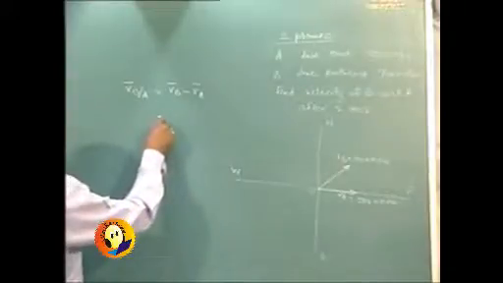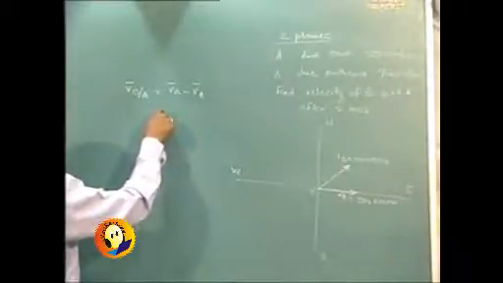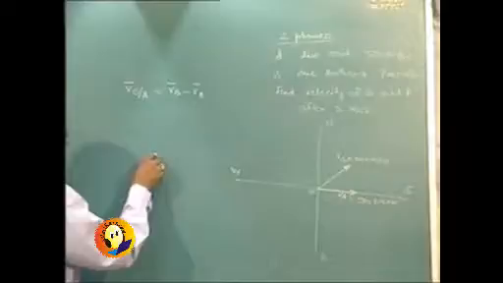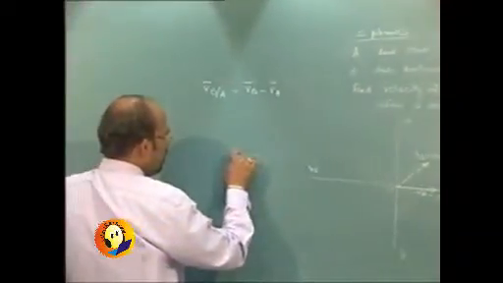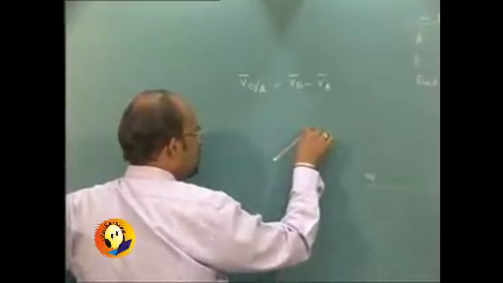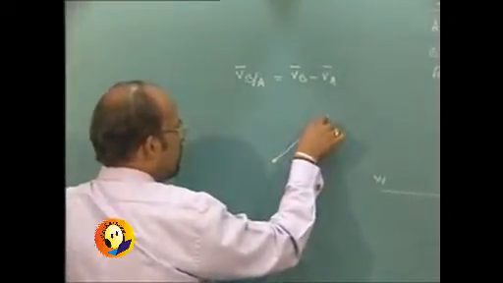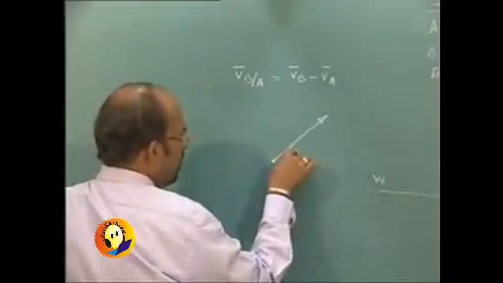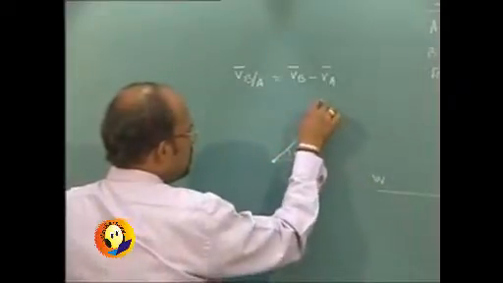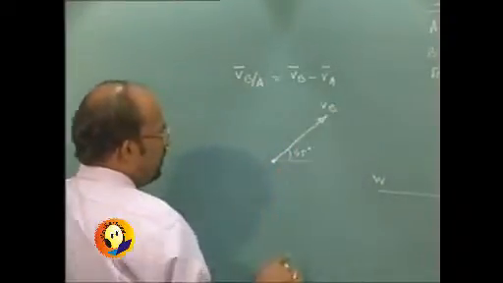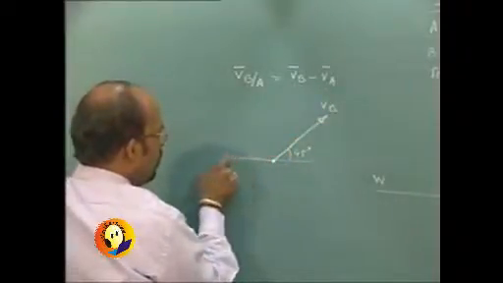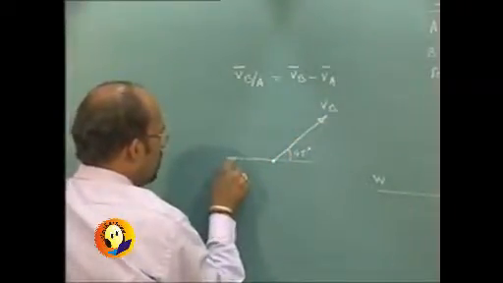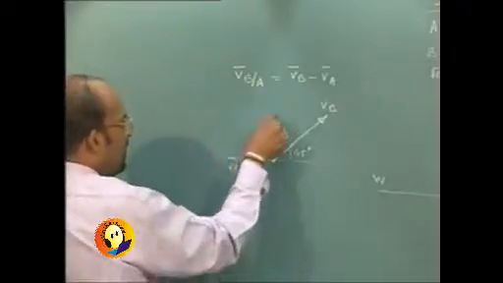So we can start the solution by drawing a point, then drawing a line at 45 degrees. This is the 45 degrees line. This is the velocity of B that we have. Velocity of A is to be subtracted, so you will have to draw velocity of A in the opposite direction, and then the resultant is to be found.